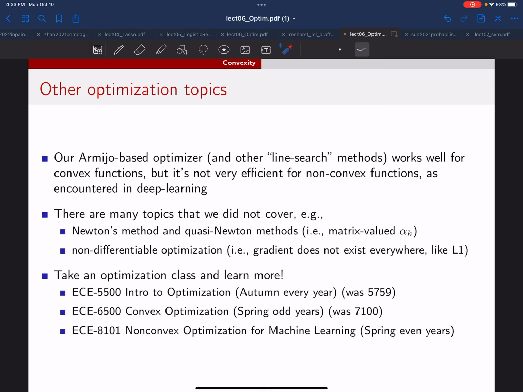Another thing that we didn't talk about at all is what happens when the function is not differentiable. In that case, we can't use gradient descent because we might encounter a point for which the gradient doesn't exist. One example of that would be lasso. If in lasso one of your parameters is exactly 0, which should happen, right? We want it to do feature selection, so we want it to turn off certain coefficients.